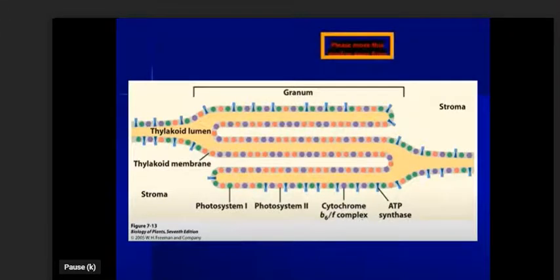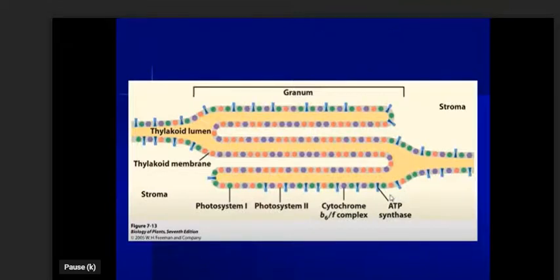And when the electron passes through these different carriers, at the last end there is a synthesis of ATP. This ATP is nothing but adenosine triphosphate. This is the molecule which is energy rich, which contains the energy that is derived from the light.